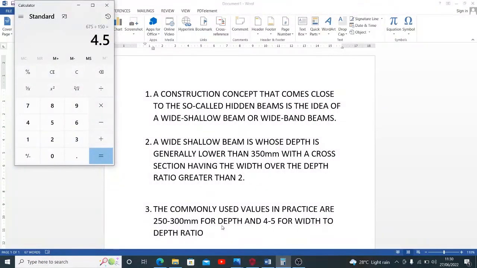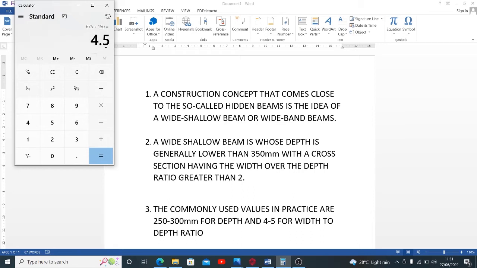The commonly used depth is between 250 to 300 for a wide shallow beam, and 4 to 5 for the width to depth ratio.